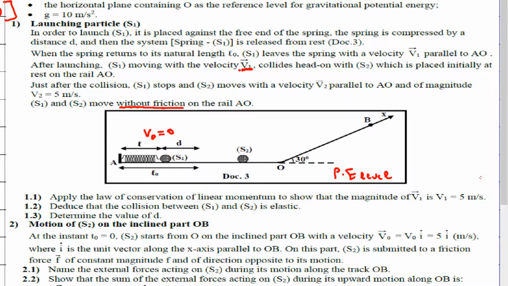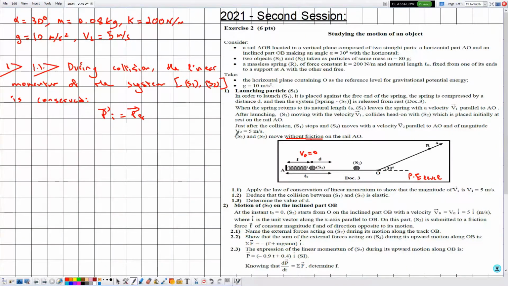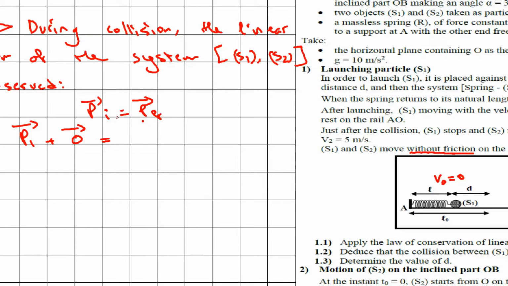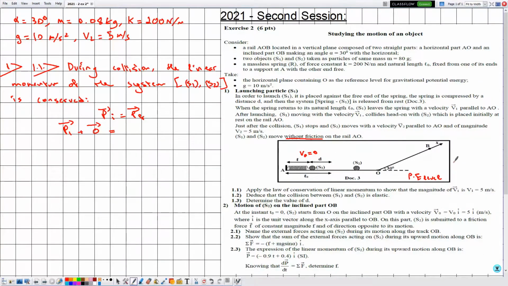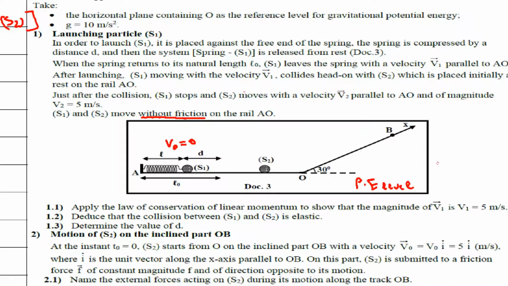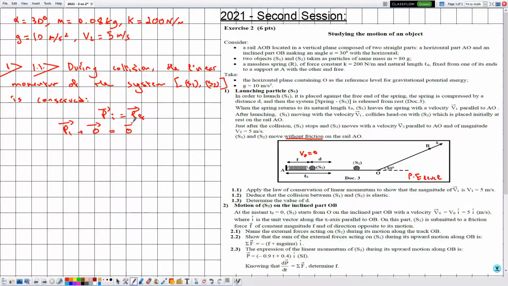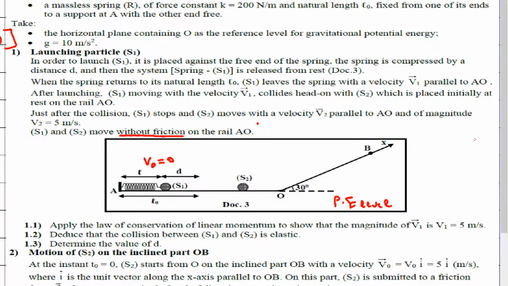Always the momentum carries the same index as the velocity. So this is P1 plus the 0 vector, since S2 was at rest, which is equal to P final, corresponding to the linear momentum of the system after collision. After collision, they are telling us that S1 stops, and this is given by the 0 vector, whereas S2 moves with the velocity v2.